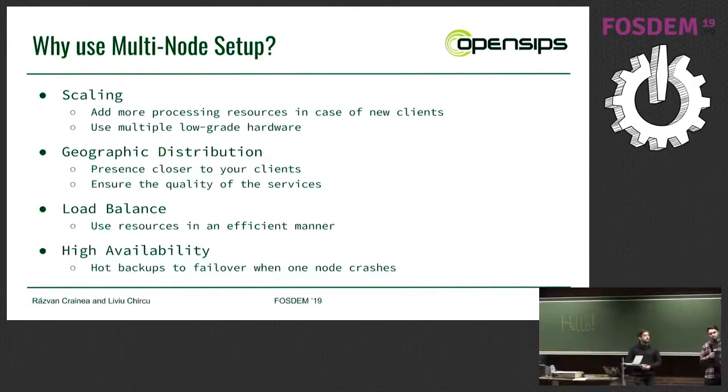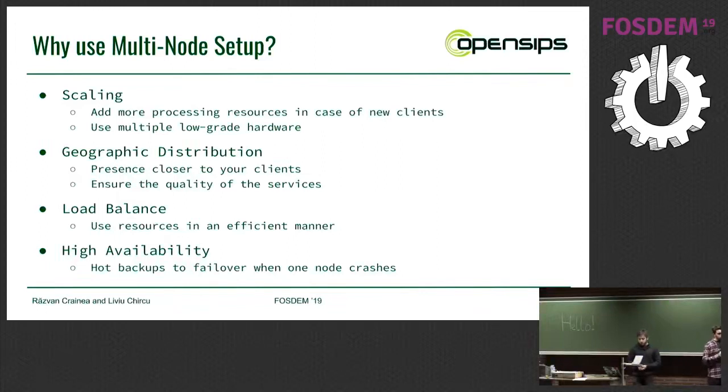You can add it horizontally or vertically, preferably horizontally because it's cheaper, right? And you want to use low-grade hardware. Another reason is to do geographic distribution. Imagine that you have customers in one part of Europe and customers in another part of Europe. You want to have nodes, like physical nodes, as close as possible to those clients in order to offer a better experience for the services you sell.